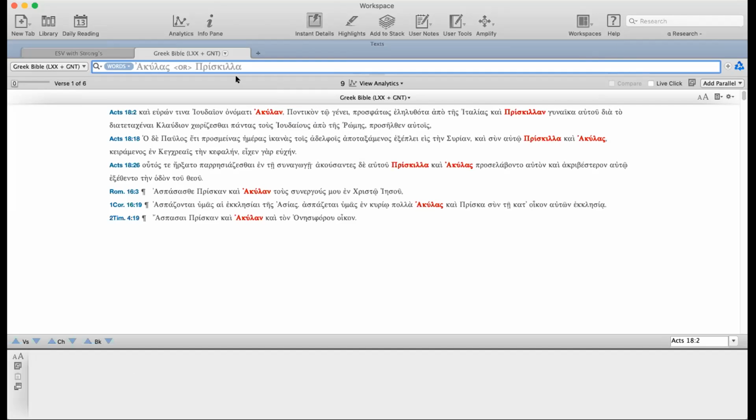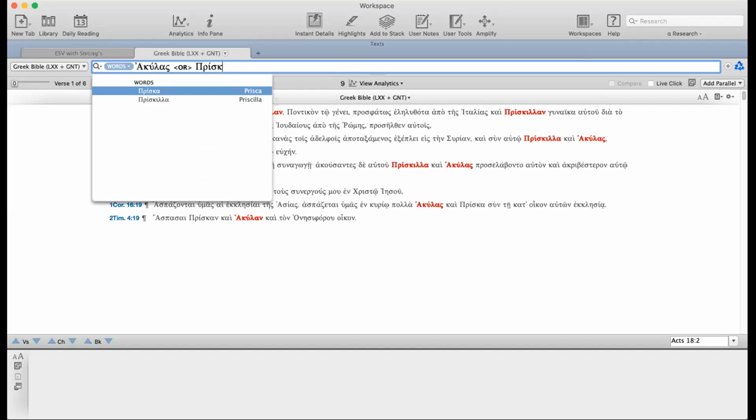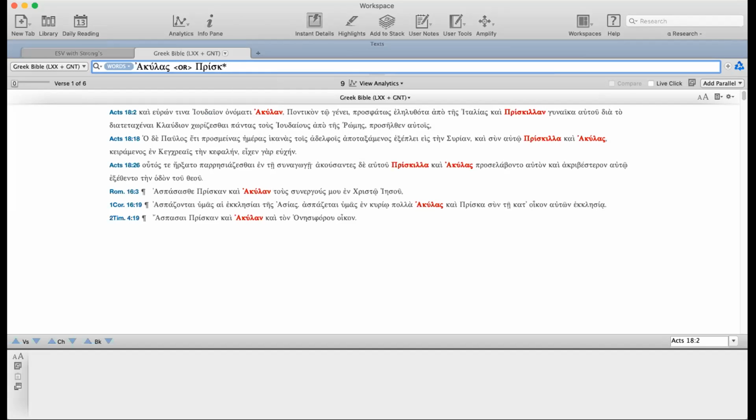Let's do it like this. Just remove letter by letter until Prisk, and enter asterisk. Just shift and 8, and click enter.